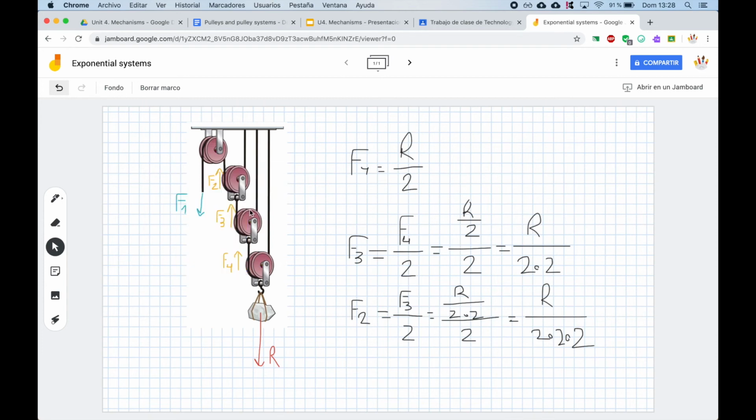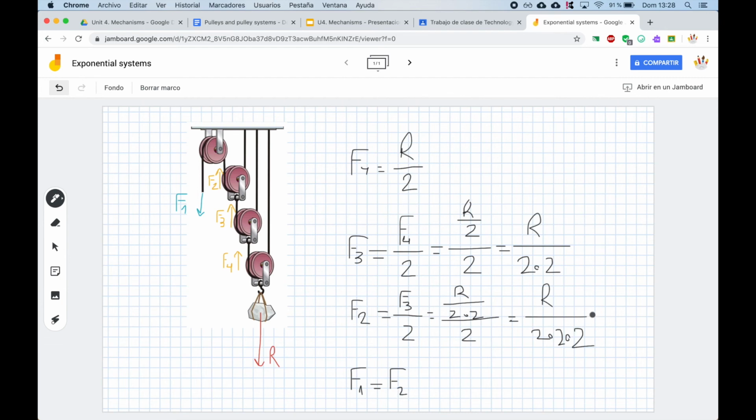Okay, so we only need this final pulley. This final pulley is a fixed pulley, and as you know, the force that is made here is the same that is made here. So the force doesn't change. So in this case, we have that F1 is equal to F2.